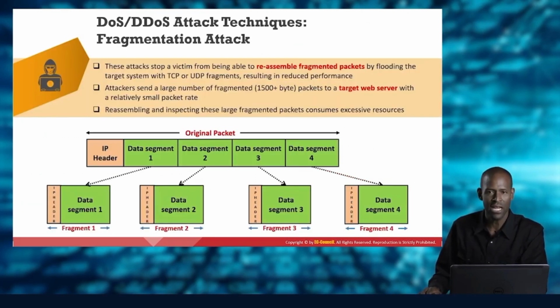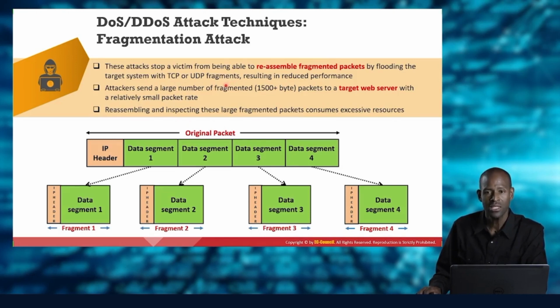Yet there are other attacks, like for instance, DDoS, DoS, fragmentation attack. And with a frag attack, what happens is we're trying to stop the destination of our attack, that victim, from reassembling fragmented packets. What we're doing is we're going to flood that target system with a huge number of TCP UDP fragments. But guess what? They're fragments.